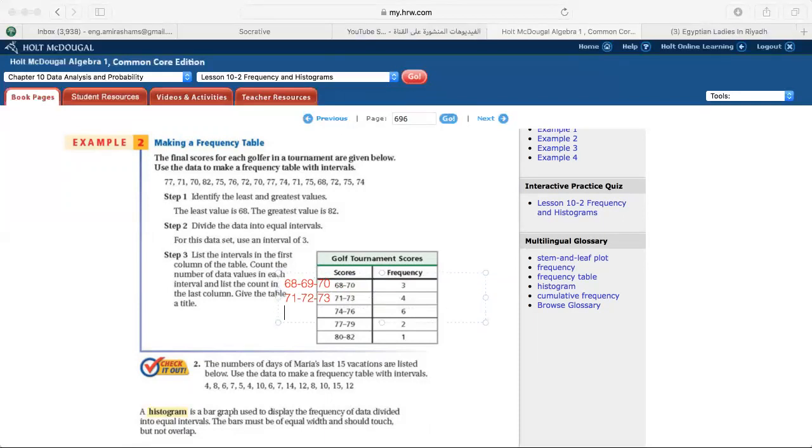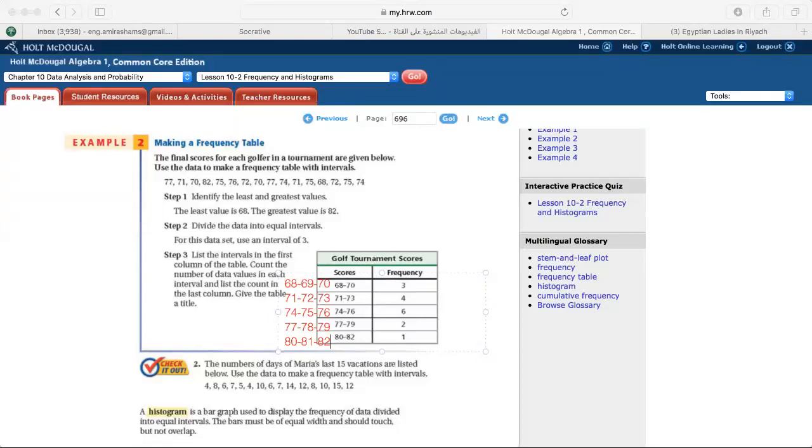In the third one, I have 74, 75, 76. In the next one, I have 77, 78, and 79. And in the last one, I have 80, 81, and 82. I write them in intervals, the first number and the last number.